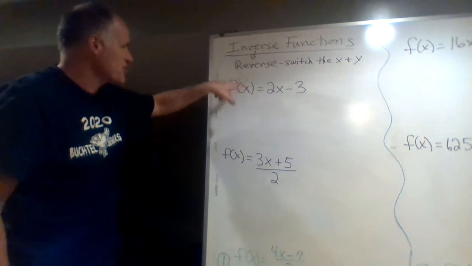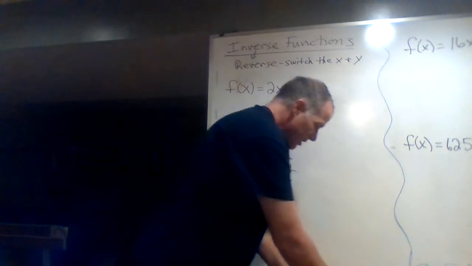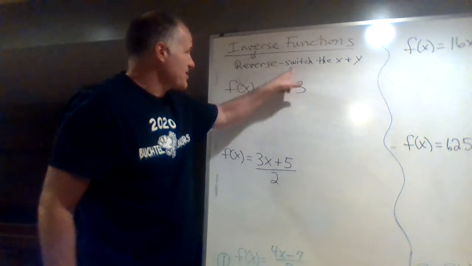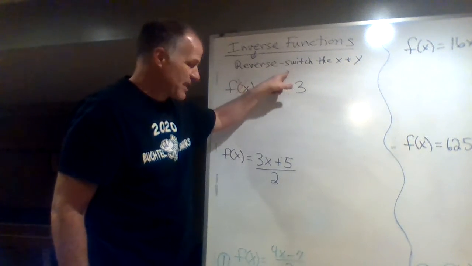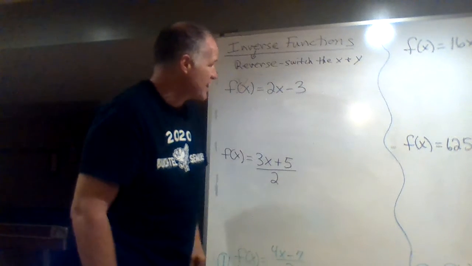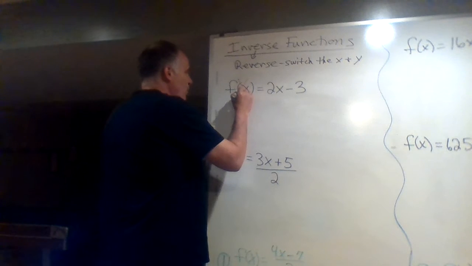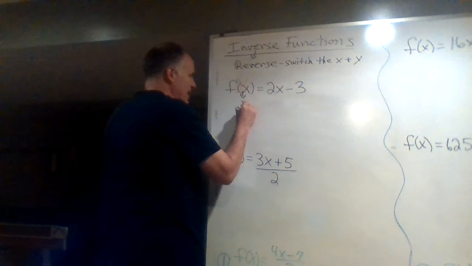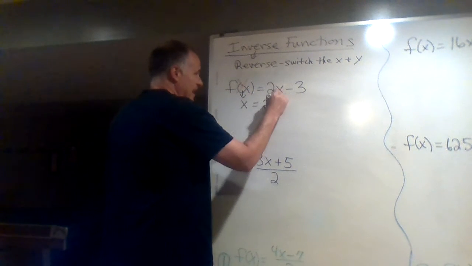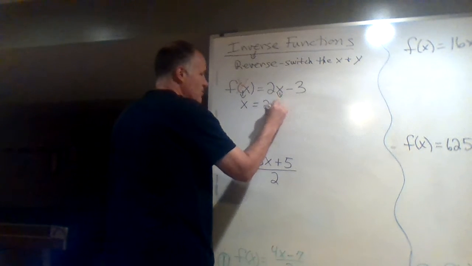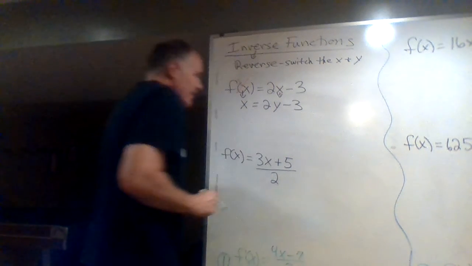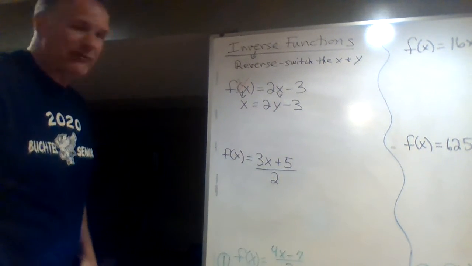So f of x is just another way of writing y. So if we go back to what I was saying, inverse means we're going to reverse or switch the x and y. What that means then is y becomes x and x becomes y.